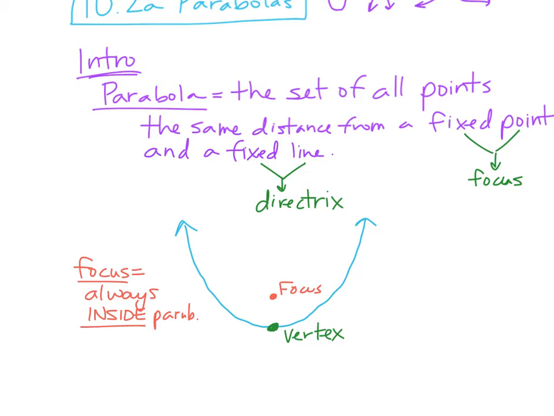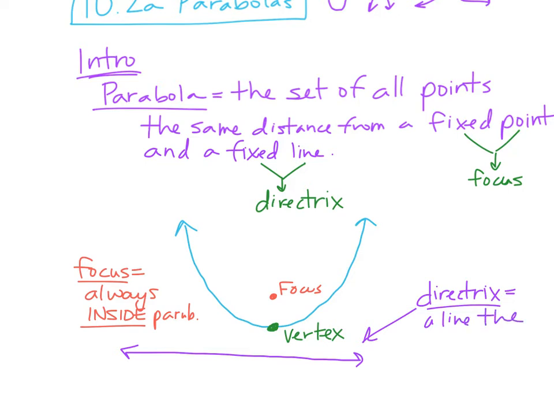So if you think about where you could put a line right now that our parabola would not touch, the only place we can do that is down here. So this, the purple line, is our directrix. Fun name, huh? Directrix. So just to keep in mind, this is a line the parabola doesn't touch.